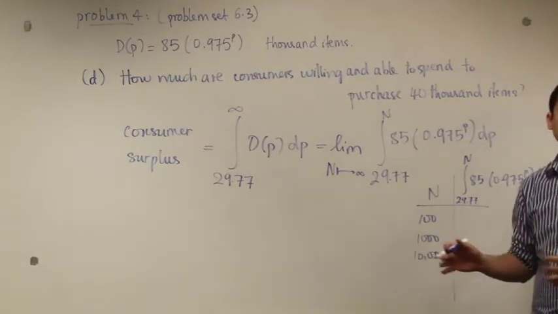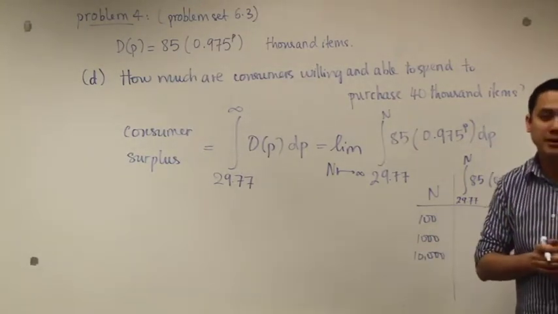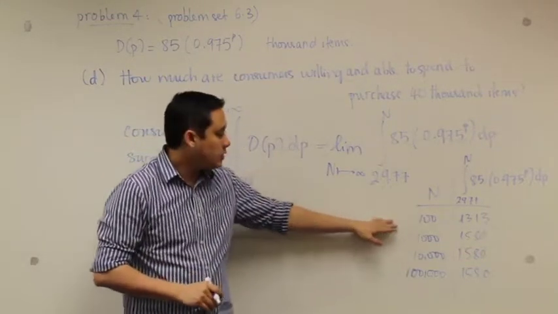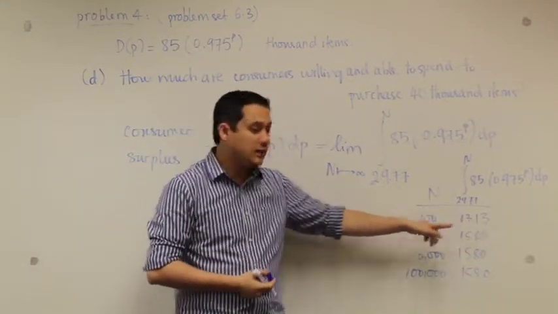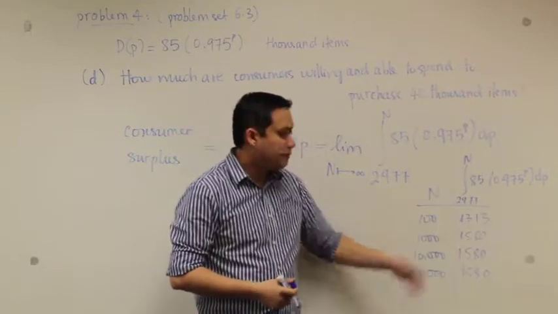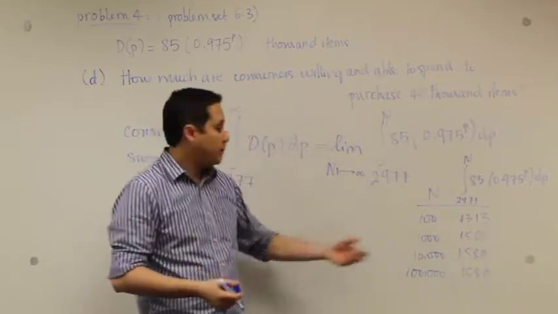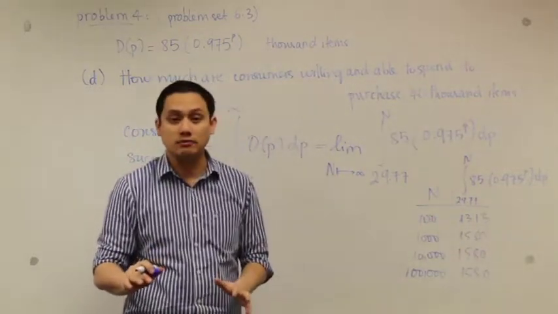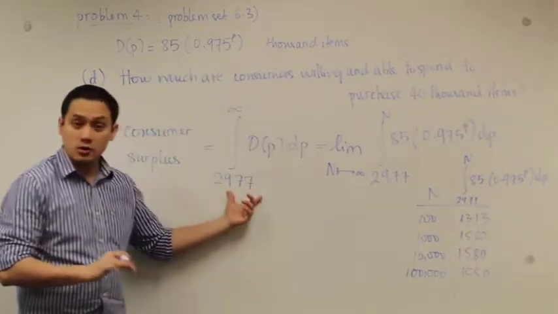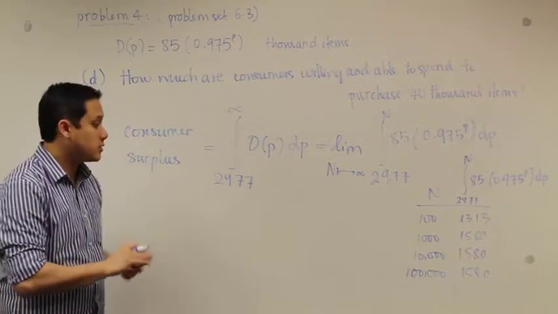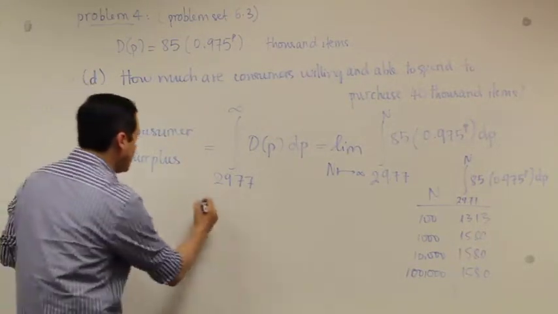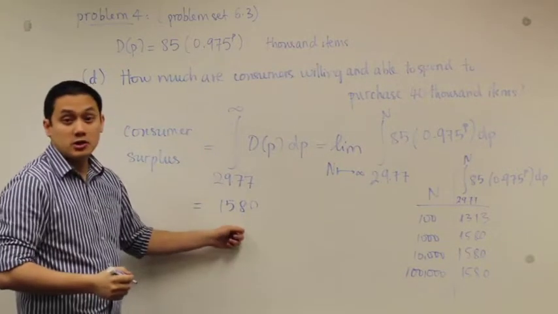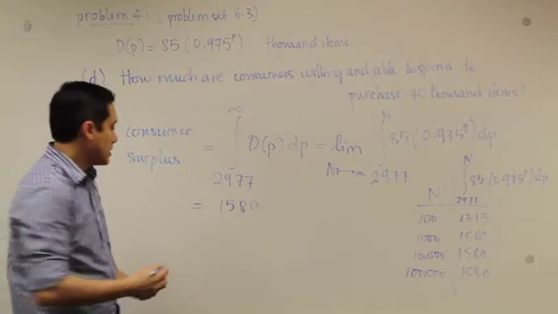So please stop the video and try to do the problem by yourself. So the result I got right here, when n equals 100, I get 1313. When n equals 1,000, I have 1580, and so on. Because 1580 occurred 3 times, that's why I stopped my evaluation. Therefore, the improper integral, or the consumer surplus, is equal to 1580. And the unit for the consumer surplus is $1,000.